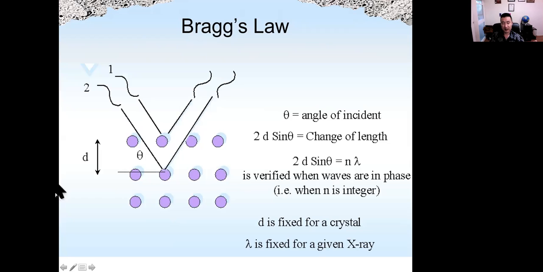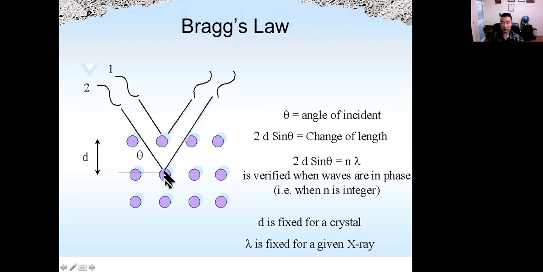For a certain crystalline material, as we mentioned, the distance between two atoms will be fixed, such as d. Let's say we have two waves, wave 1 and wave 2. Wave 1 is reflected by these atoms back, and wave 2 is reflected by other atoms.